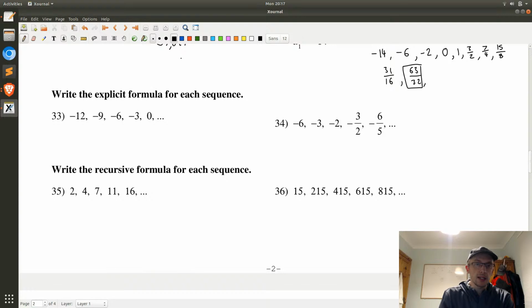What do they mean by that? They mean give me the rule which enables me to jump to term 1000 with just a few calculations. I don't want to have to calculate all the terms, all the 999 previous terms. I want to be able to just jump to term 1000.